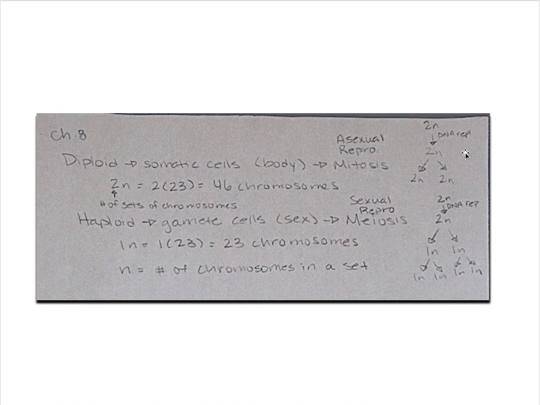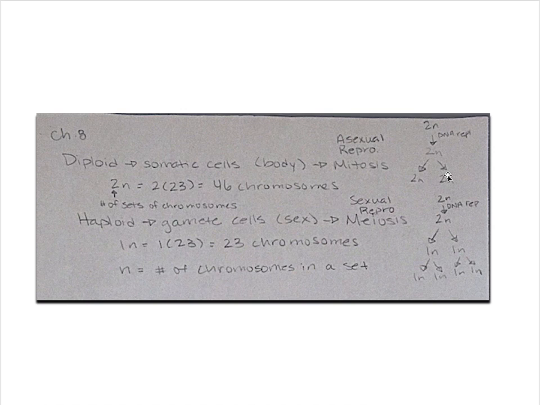And after mitosis, we end up with 2 daughter cells that have 46 chromosomes each, that are diploid each. These daughter cells will be genetically identical to the parent cell, because it's asexual reproduction. We want to make the same exact cells.